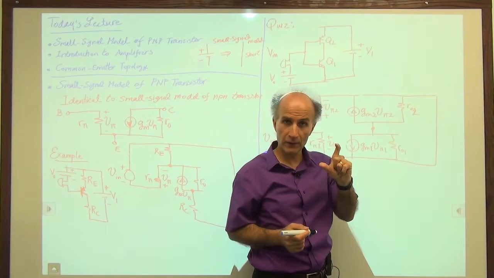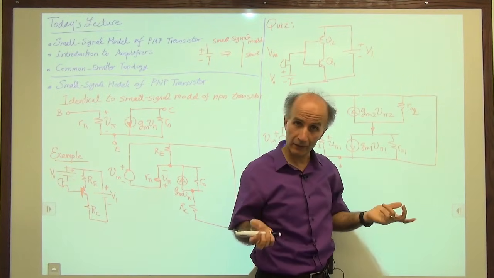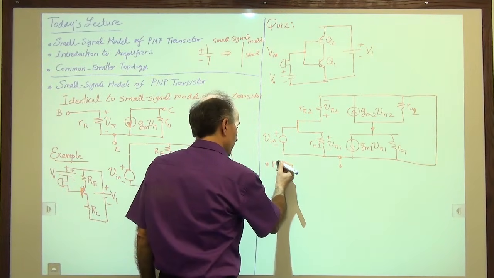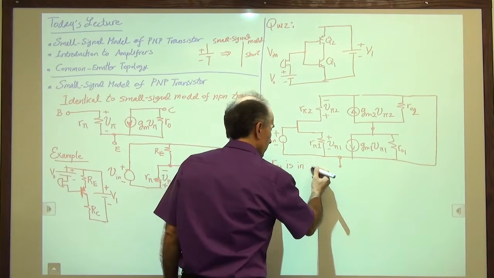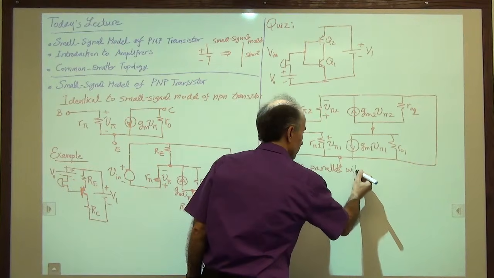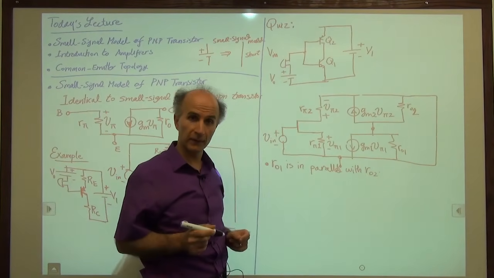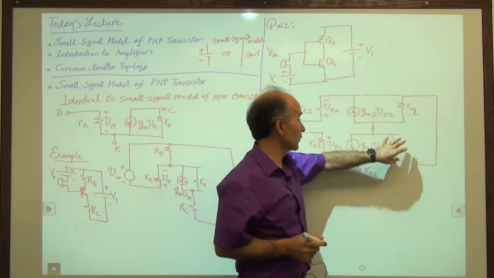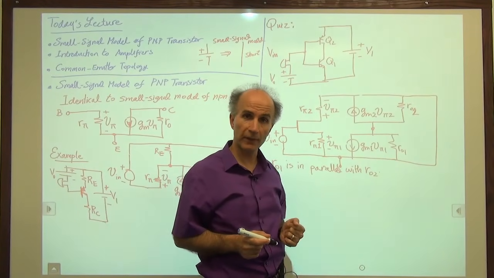So we have two resistors, and they share the terminals. These two resistors are called parallel resistors, as you know. So the first observation that we can make is RO1 is in parallel with RO2. Without a doubt, right? So if I were to simplify the circuit, I would just use one of these and write RO1 in parallel with RO2. That would be one nice simplification.